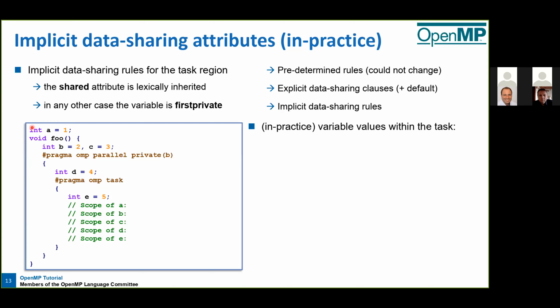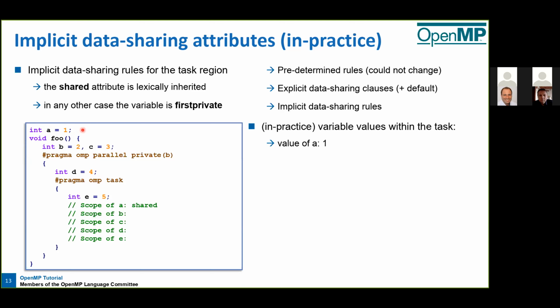A is being declared outside of the function, and then C, that means it's declared at file scope, and that implies it's a static variable. Static variables, as I illustrated on the previous slide, are always shared. And because it's a shared variable, in there it has a value of 1.